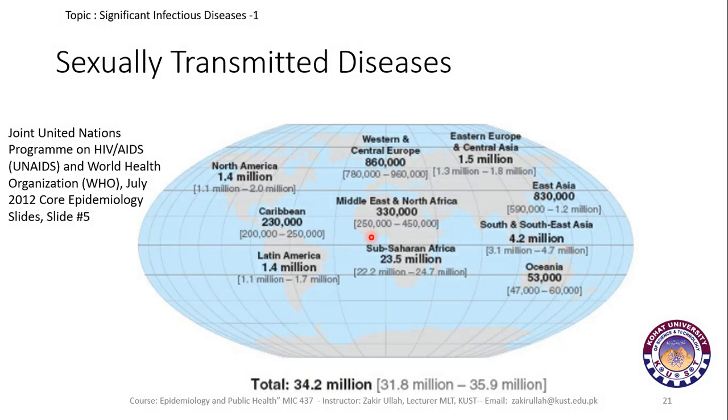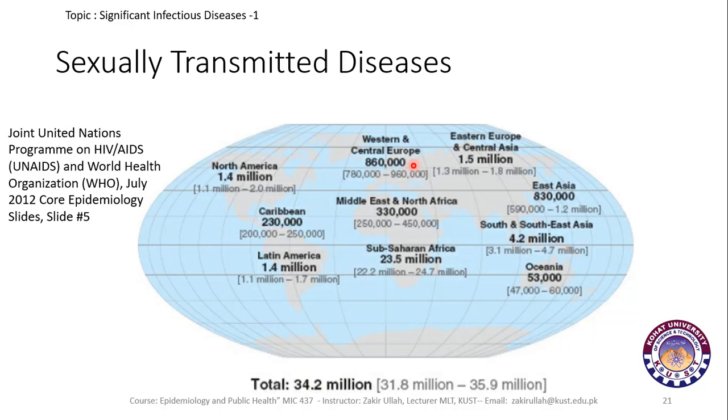This is the world map which shows the infected people, 34.2 million people in 2011, and their distribution throughout the world. Here is the Caribbean, in which 2,300,000 people were infected. North America, in which 1.4 million people were infected, and Latin America, 1.4 million from each of these regions.